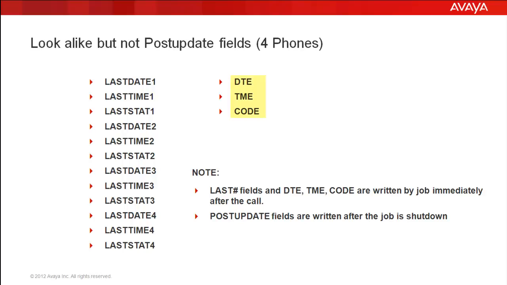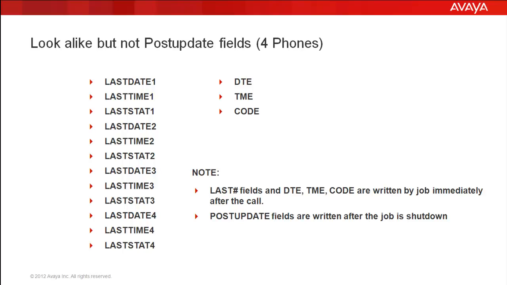There is another set of fields, the DTE, TME and code. These contain the data for the very last call made on that customer's record, irrespective of which phone field was called. Another important thing to note here is that these last fields and the DTE, TME and code fields are written immediately by the job after the call is over.